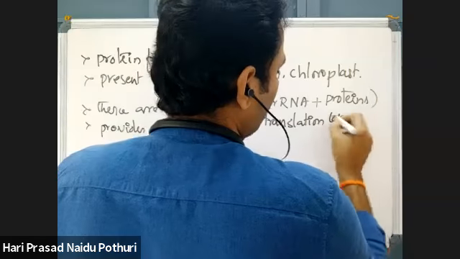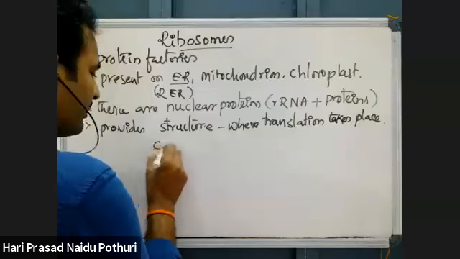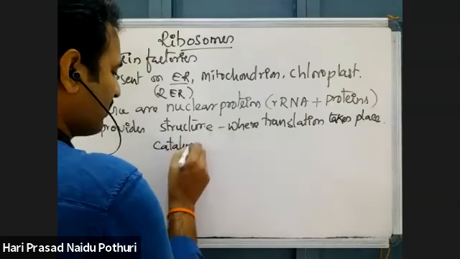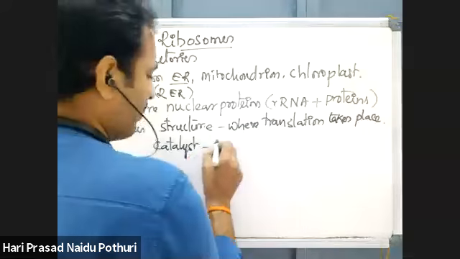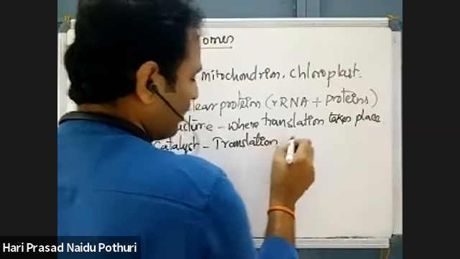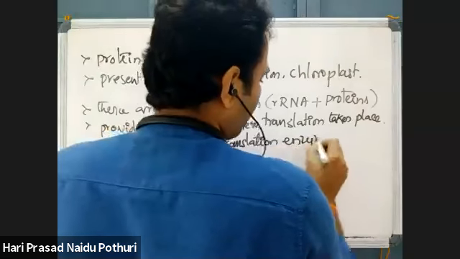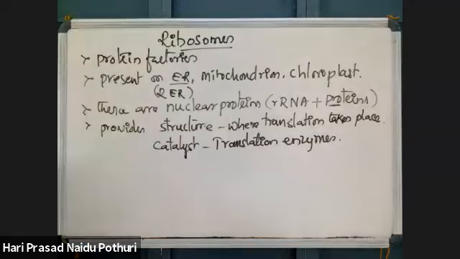For translation, it provides a place or structure, and it provides catalysts also. Catalyst means translation enzymes. Enzymes involved in translation are provided by the proteins present in ribosomes.